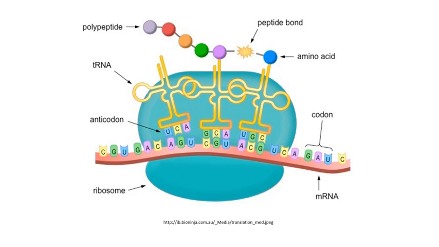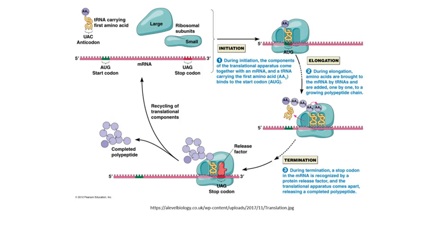This initiator tRNA scans for the start codon, AUG, with the anticodon to it, CAU. When this is found, the initiator binds to it, allowing for the pair to sit in the P site with the larger subunit closing the ribosome. This process establishes the reading frame of the mRNA.